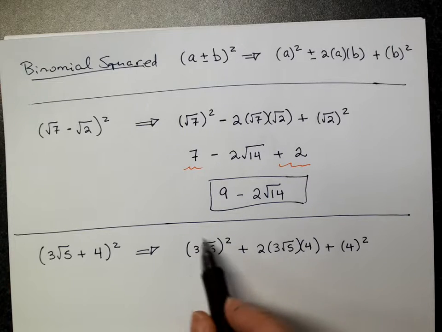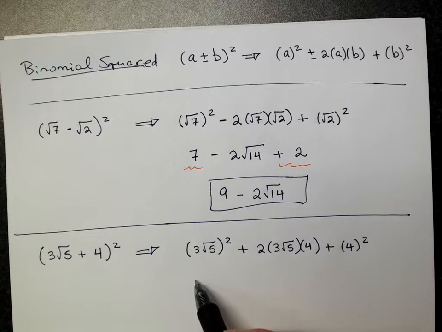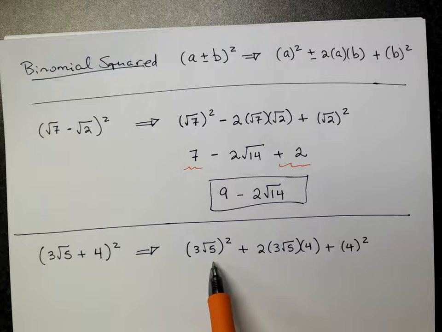What is this new first term? What's the coefficient of the new first term? 9, right. This is where those parentheses really make a difference.